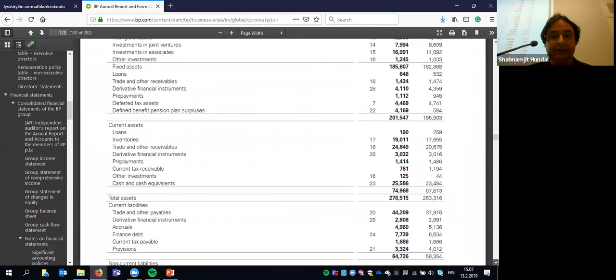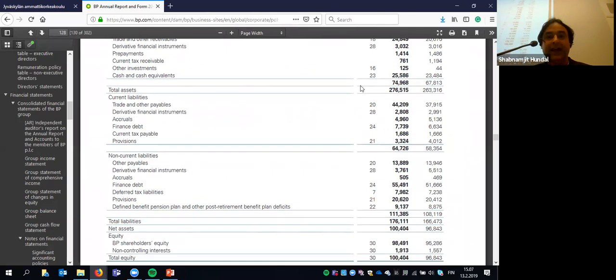Look, we have total assets, 276,515. We have total liabilities, 176,111. And guess what? This information is already given to you here.